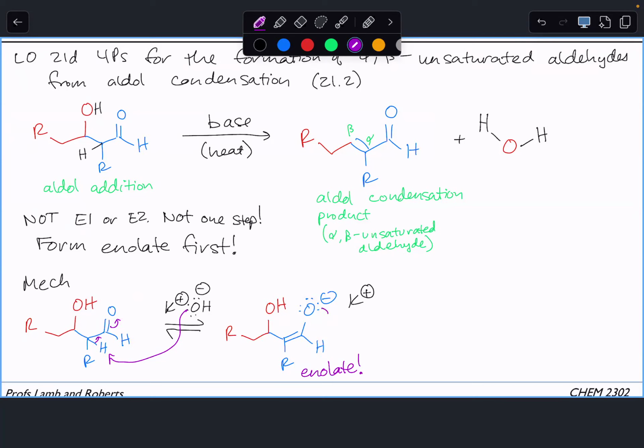So we push our oxygen lone pair down, our carbon-carbon double bond hops over one position, and our OH minus leaves. Remember, OH minus is not a great leaving group, but we are in strong base, right? We are in strong base, and so it can leave in this case because we're in strong base.